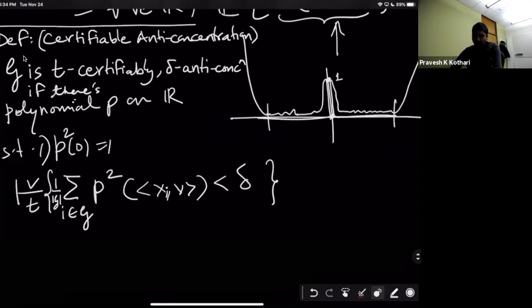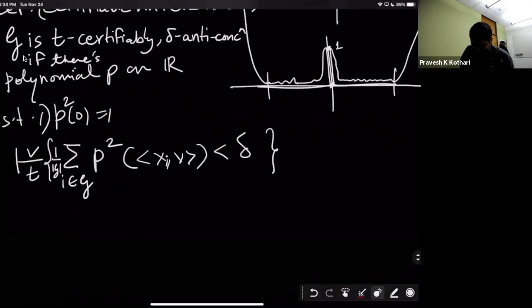Okay. Now here's a fact that we'll try to simply verify. This is a certain fact about polynomials, right? Let's first convince ourselves that it does the same job.